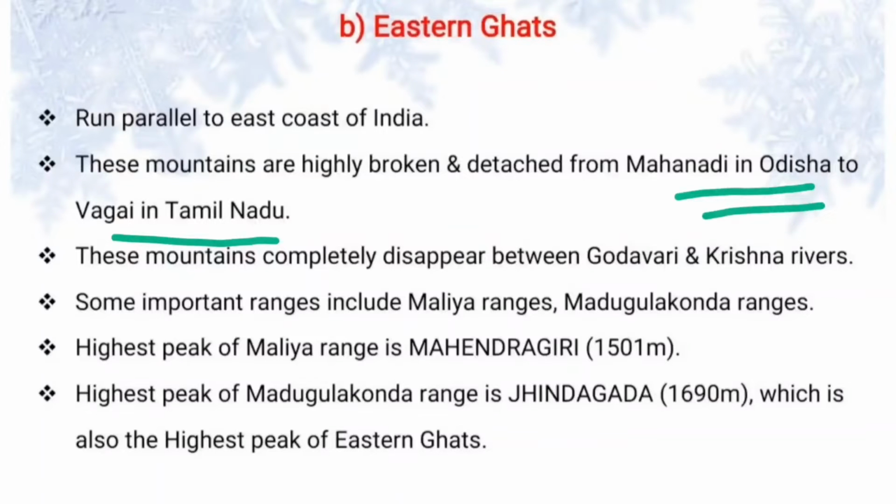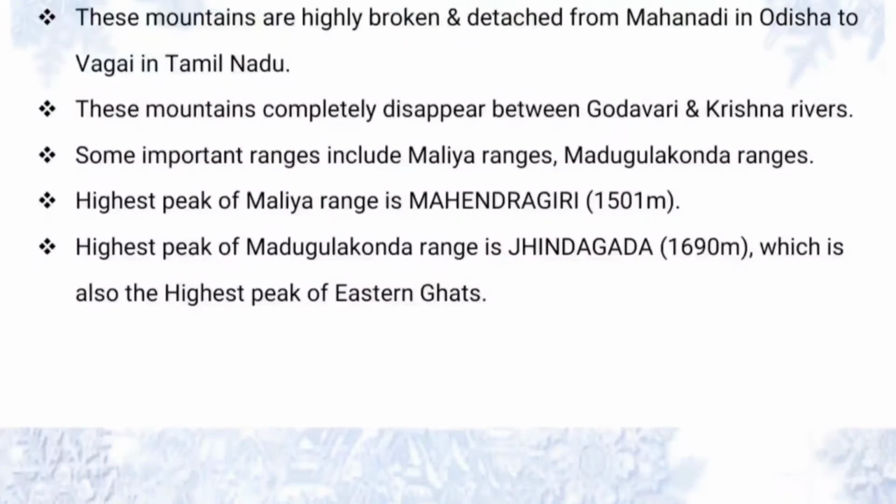These mountain ranges exhibit true mountain character only between the Mahanadi and Godavari. Now there are some important ranges in the Eastern Ghats, which include the Malia ranges and Madugula Konda ranges. The highest peak of the Malia range is Mahendragiri, and the highest peak of the Madugula Konda range is Jindhagada.